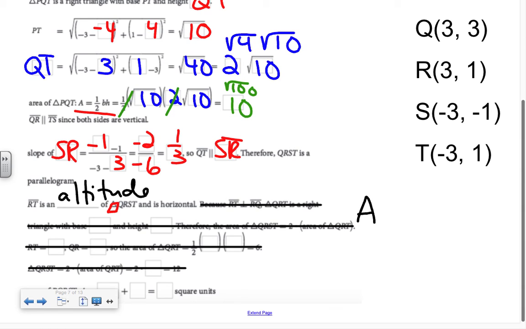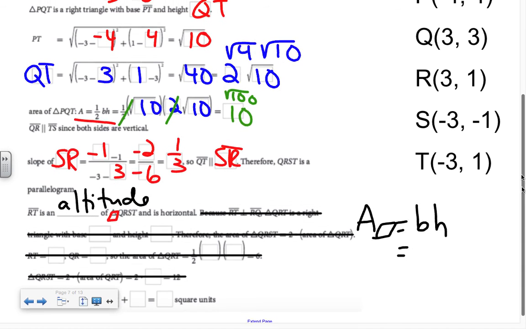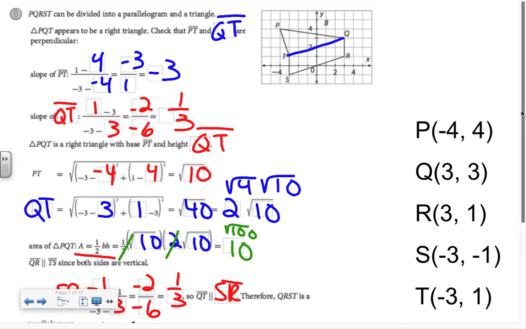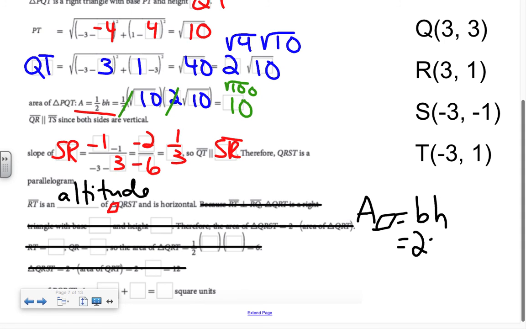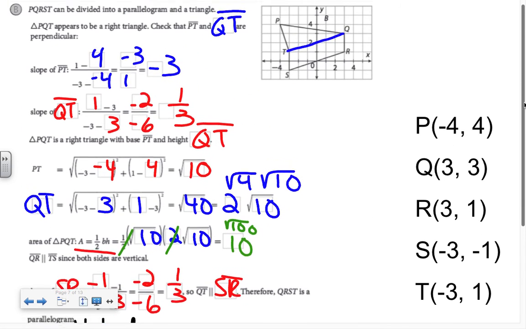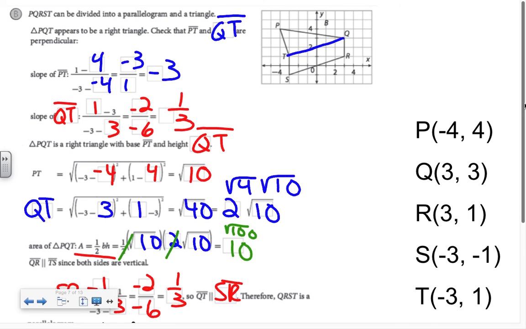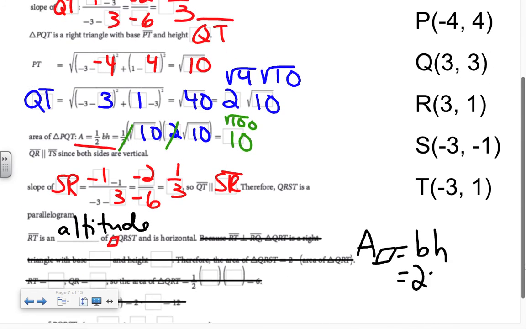Area of a parallelogram is base times height. As I said before, we're going to treat ST like a base of the parallelogram, and that is 2 units long, times the height of the parallelogram, which is the length of the altitude RT. That's another segment that we can just count the spaces for. It is 6.